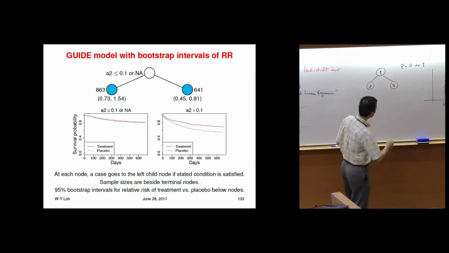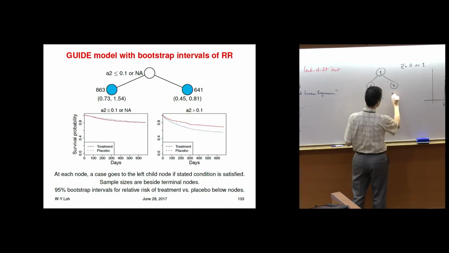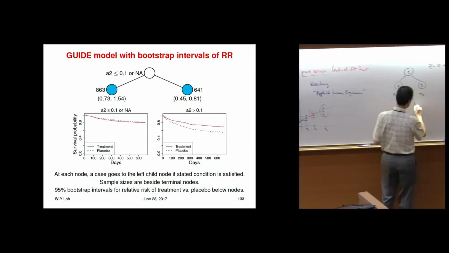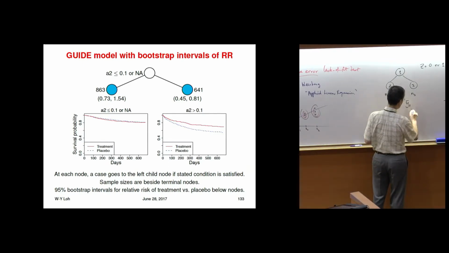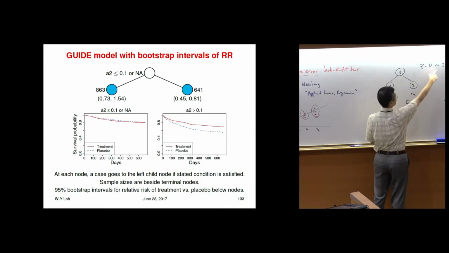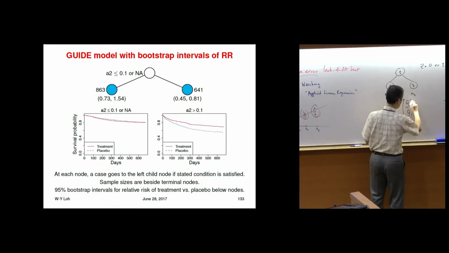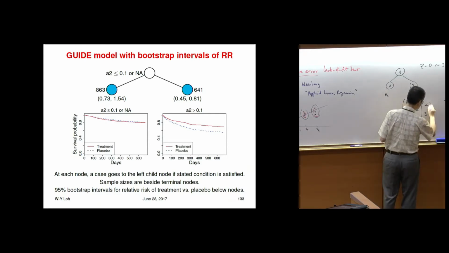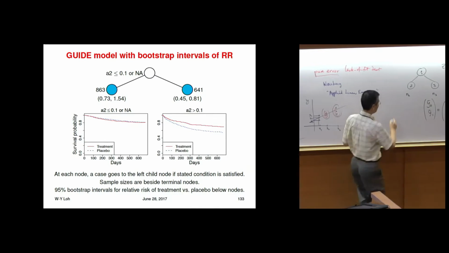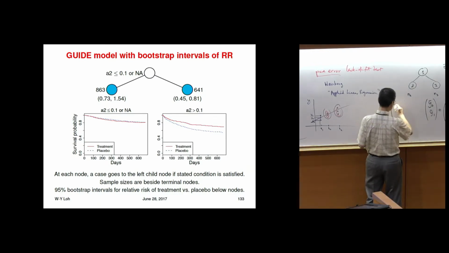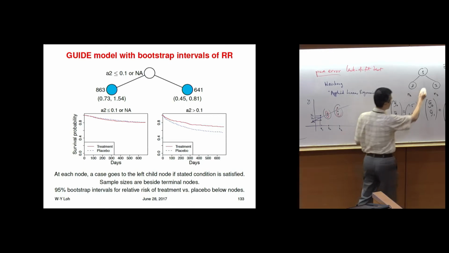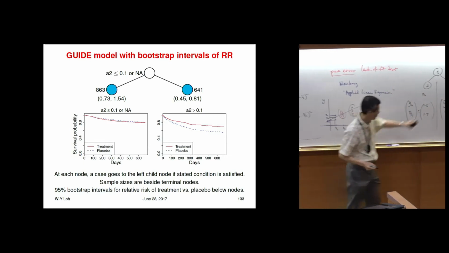In here, we have N2 observations, and here we have N3 observations. And so we can calculate Y0 bar and Y1 bar, where Y1 is Z equals 1. So we can calculate this here and say this is 2 and 3, and we can calculate the same thing here for this node, equals 1.5 and 1.7. So this is based on the data here.